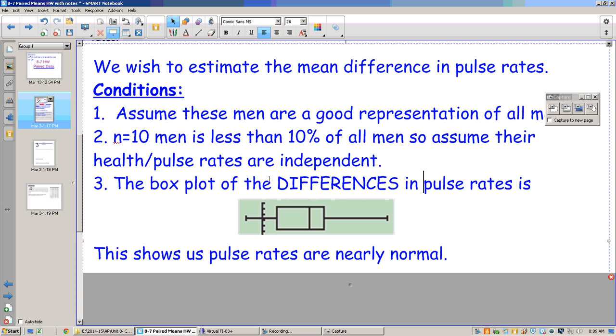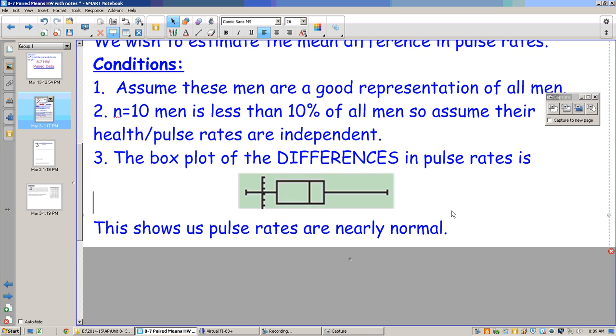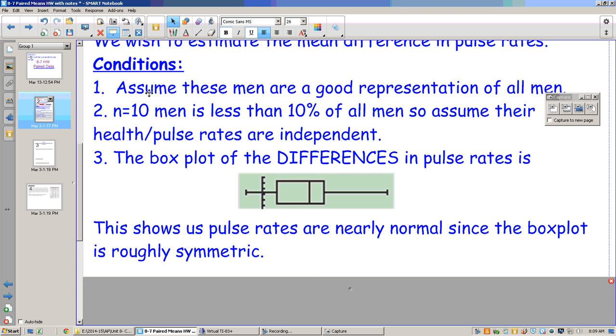It's not just the pulse rates, it's the differences. And if you look at this, you would say they are nearly normal since the box plot is roughly symmetric. Okay, so our 3 conditions check. We have randomness, we're going to have to assume, independence we have, and the differences are nearly normal. If you look from your median to your max and your median to your min, it's roughly symmetric.